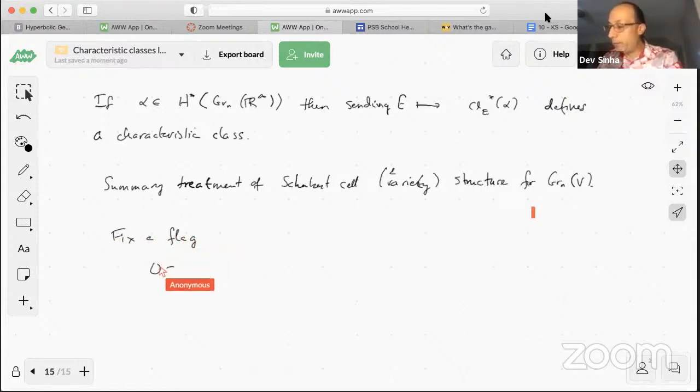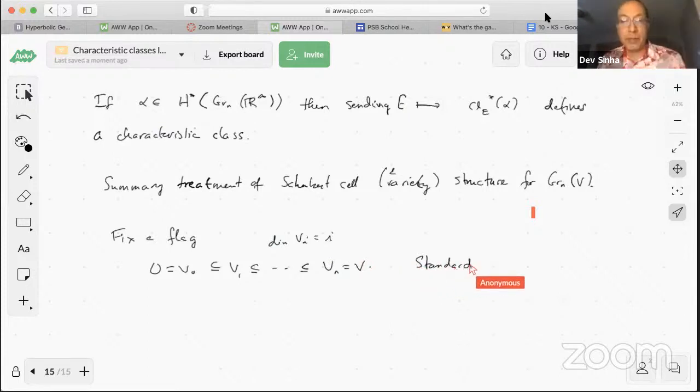So I've got the zero-dimensional vector space. There's only one of those, but then lots of one-dimensional vector spaces. So dimension of V_i equals i. And the standard example, and that's pretty much the only example we'll be talking about today, but we might want to have multiple flags around.